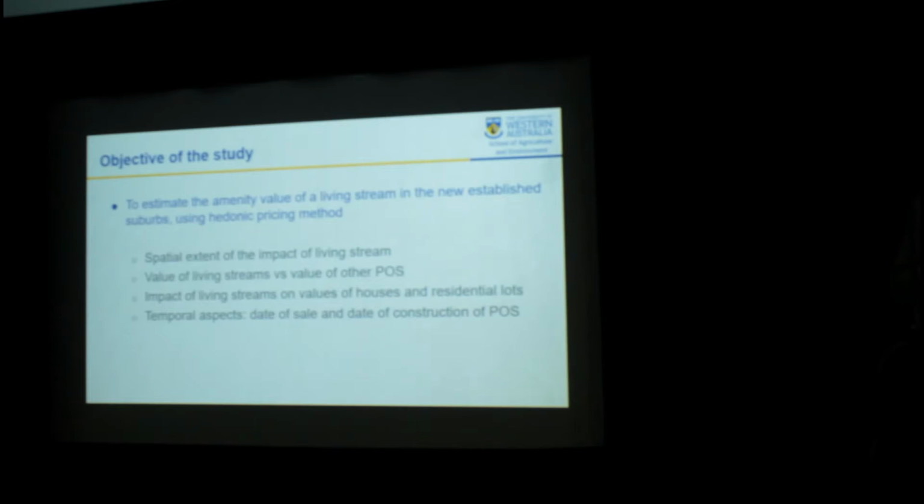In some cases the suburb is developed and the living stream is built at the same time, or even after the lots are sold or some of the houses are sold. Would you observe that the price of the houses increases after construction of the living stream, or maybe it's not necessary? It's enough for buyers to know that a living stream, or some other public open space, will be developed in this place to already pay this high price.